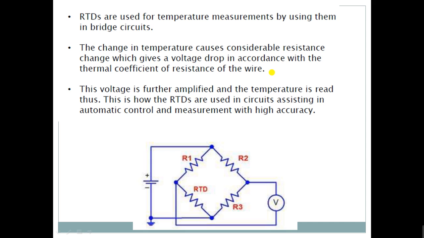If the resistance of the RTD device increases, then the bridge becomes unbalanced. Due to this unbalance, the voltmeter shows a voltage according to the changes in the RTD. Then we can connect that voltage to a display device in terms of degrees, whether Celsius or Fahrenheit.